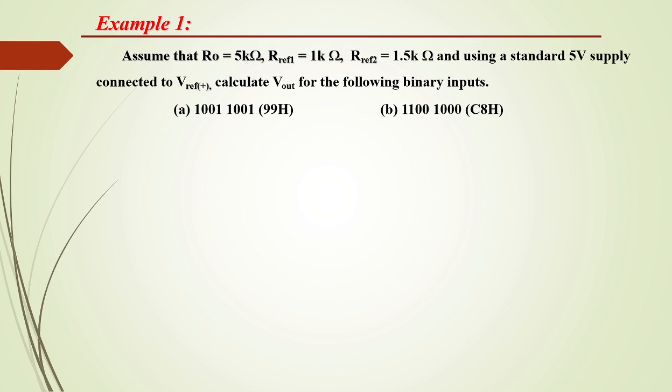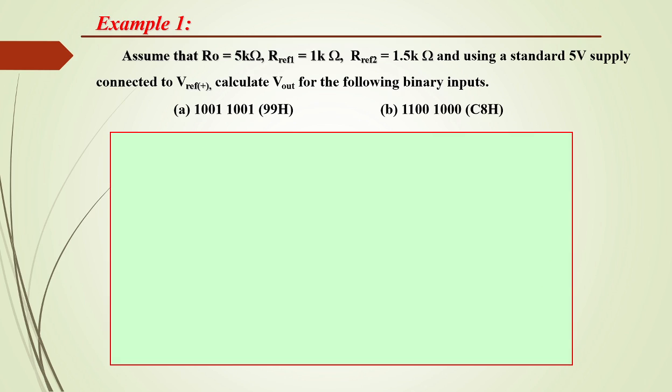Calculate the V out for the following binary inputs. Our first input is 1001 1001, which is 99H in hex, and the second is 1100 1000, which is C8H in hex.